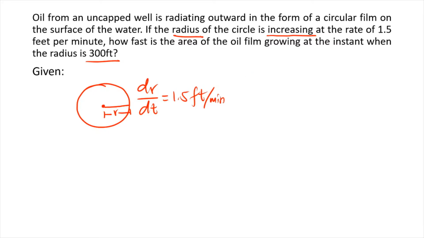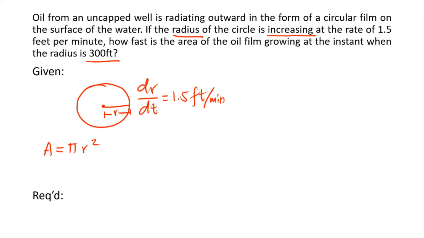Alright, since the system being described is a circle, therefore our working equation is the formula for the area of a circle. And then we are asked to find how fast the area of the oil film is growing at the instant when the radius is 300 feet.